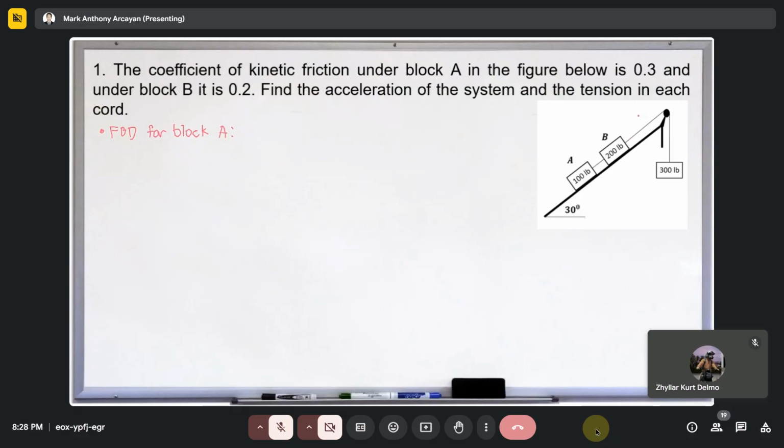And by the way, class, this entire system, since they are connected to each other, will move with the same velocity as well as acceleration. So they only have one acceleration, a.